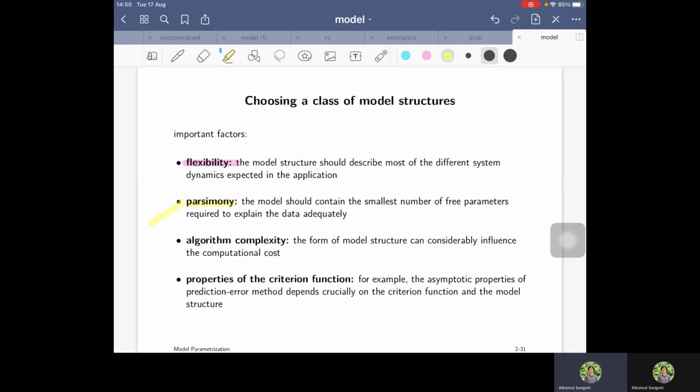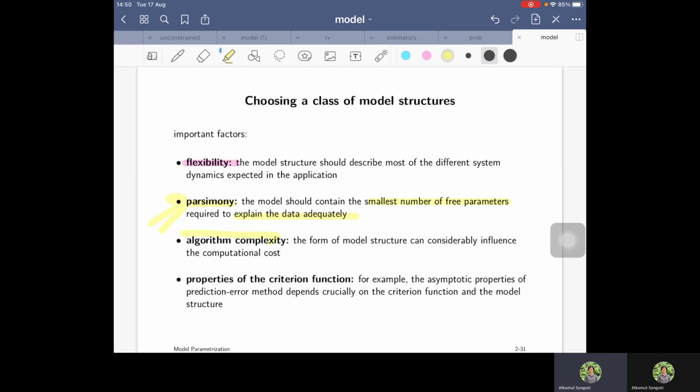That means you rely on the parsimony principle. You aim for the smallest number of free parameters possible, as long as it can explain the data adequately. You should look at the algorithm complexity as well. Sometimes you use a complex model, but it also requires a higher computational cost. So please keep that in mind.